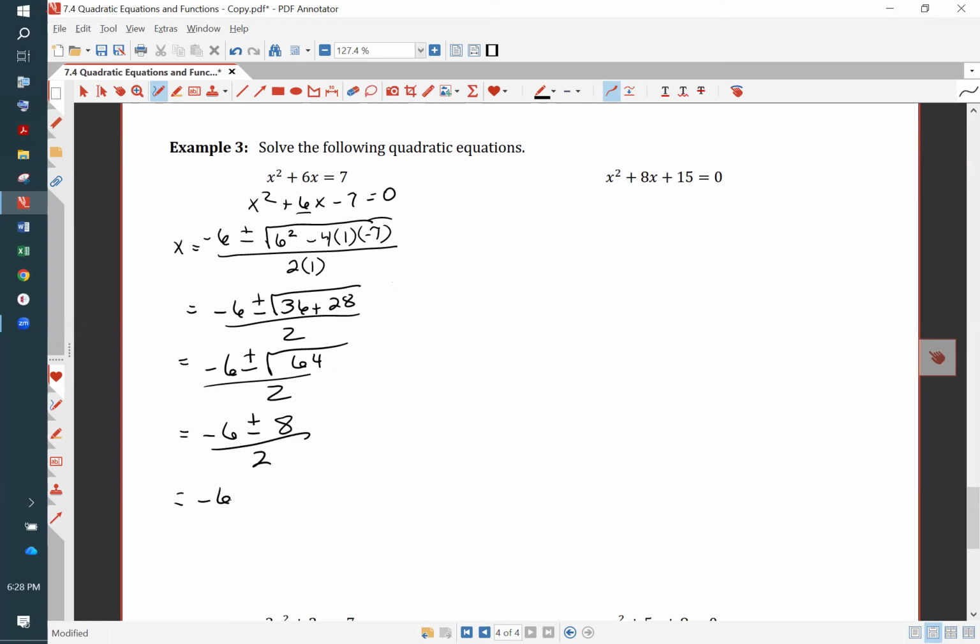One of them is minus 6 plus 8 over 2, and one of them is minus 6 minus 8 over 2. So this is 2 over 2, which equals 1. And this one is minus 14 over 2, which equals minus 7.